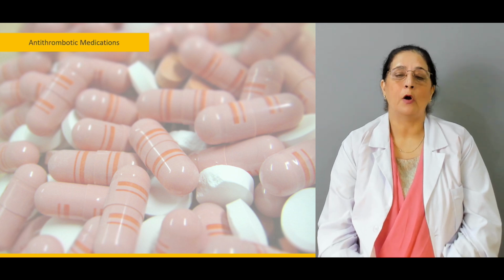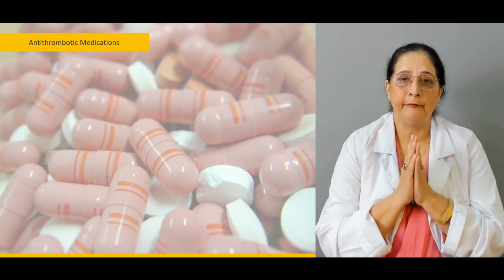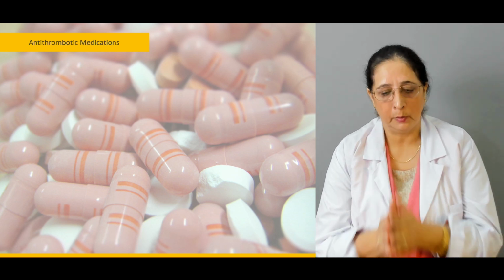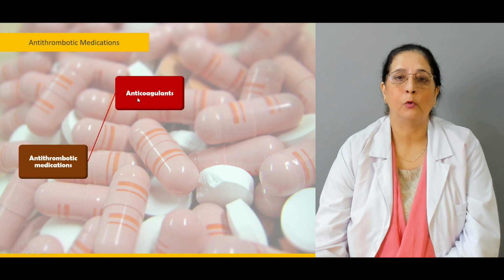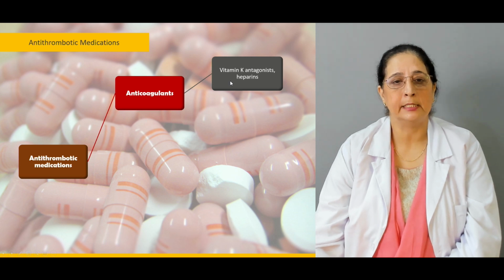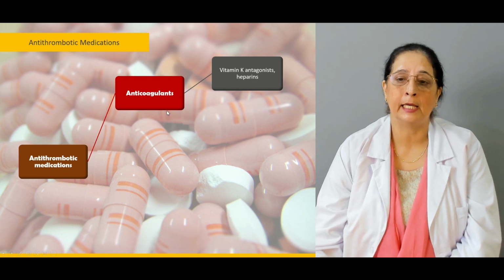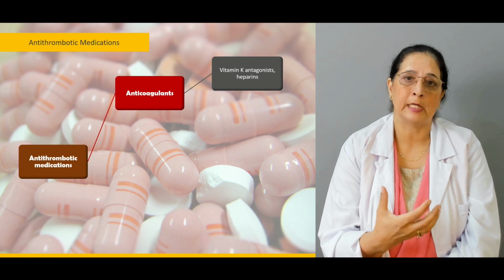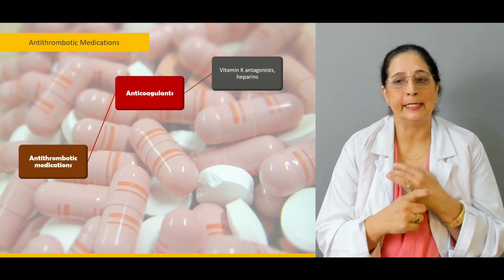Next, antithrombotic medications. What are antithrombotic medications? They prevent blood thrombosis, prevent the blood clotting, and can cause acute bleeding. Some antithrombotics are anticoagulant drugs. We have vitamin K antagonists and heparins. Heparin is an anticoagulant, and as we talked about, it can cause heparin-induced thrombocytopenia that causes bleeding.